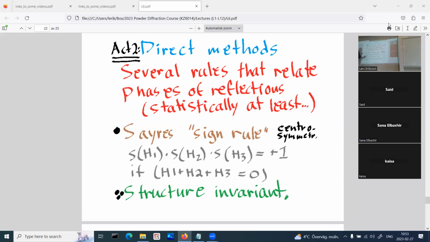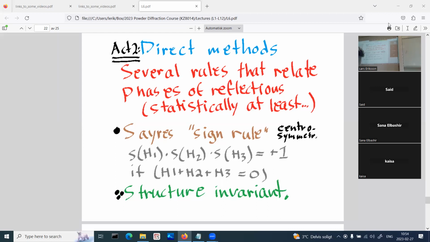It's linear algebra, essentially. There are some rules that relate phases of different reflections, or at least probably statistically, not necessarily correctly, but very often correctly. One of the most famous is from the 50s. It's Cochran's rule, the family name of a crystallographer.